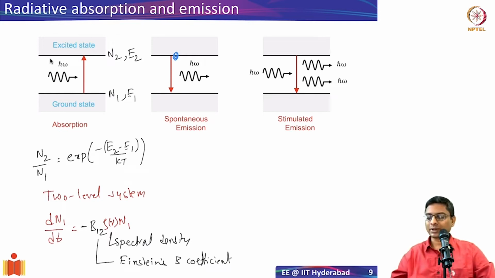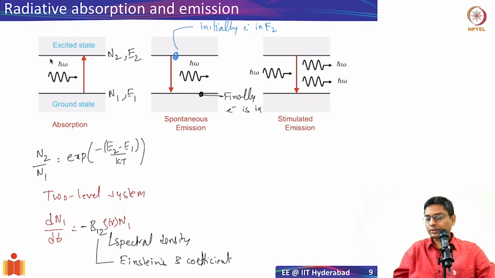The electron will make a transition from the excited state to the ground state. So initially the electron was in energy level E2. Finally, after the transition, the electron is in energy level E1, right? So this sort of a situation can happen.